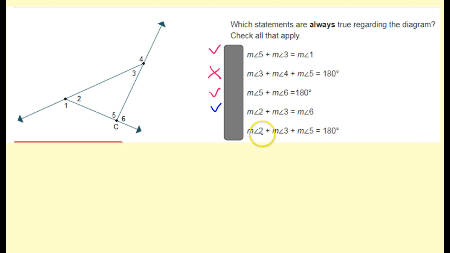Okay, angle 2 plus angle 3 plus angle 5 is equal to 180. Alright, well sure, these are all of the interior angles of the triangle, and the sum of the angles inside a triangle should always add up to 180. So these are all true except for the second one.